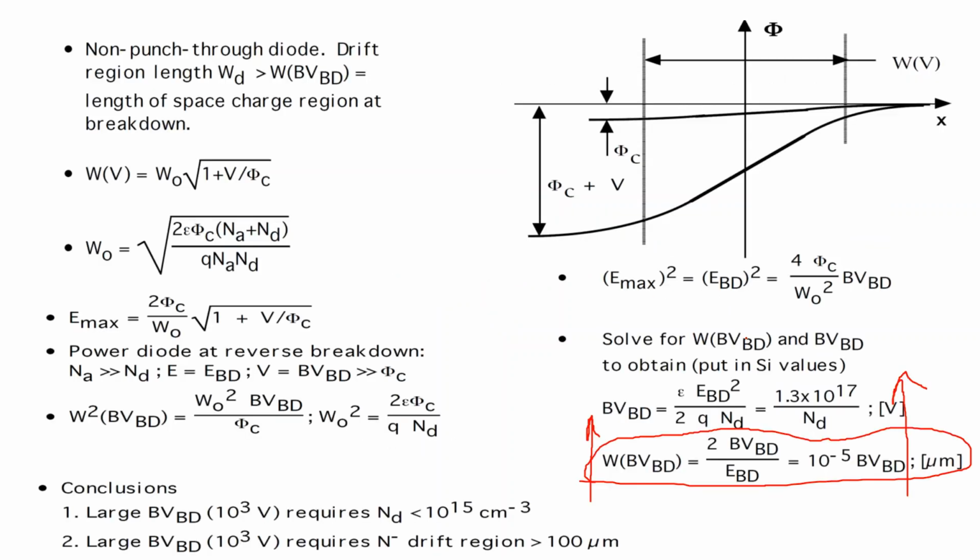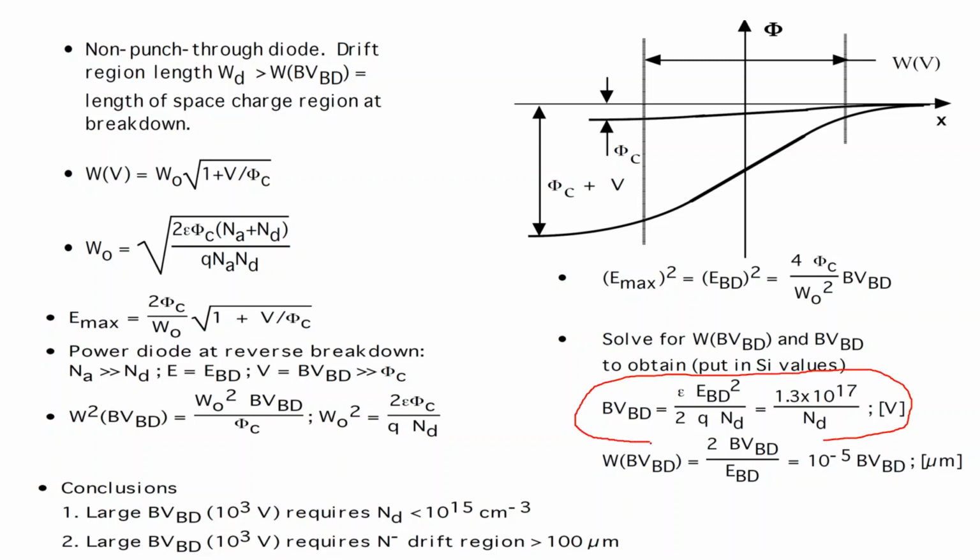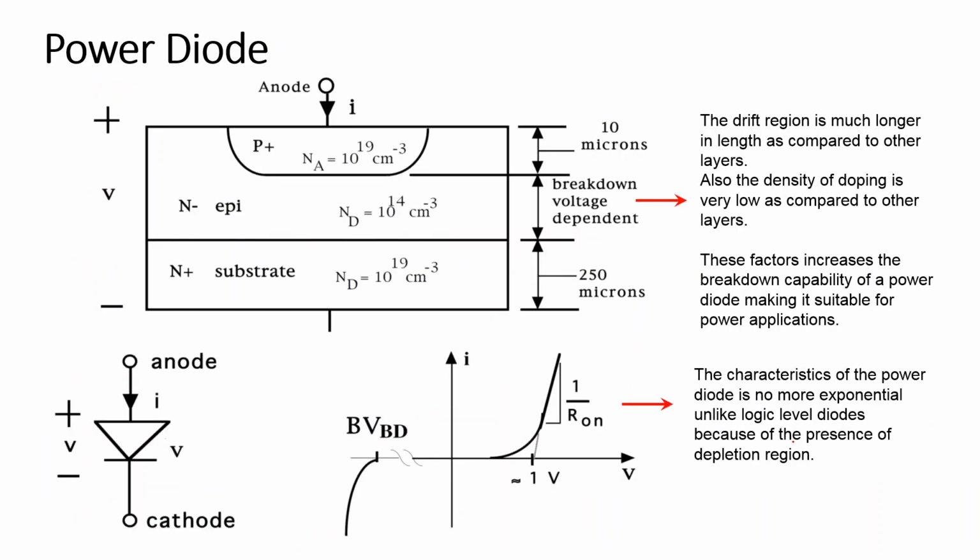So this is the reason why the drift region is longer, and also the reason why the drift region has low doping. The drift region is much longer in length and the density of doping is very small, which results in increased breakdown capability of the power diode.